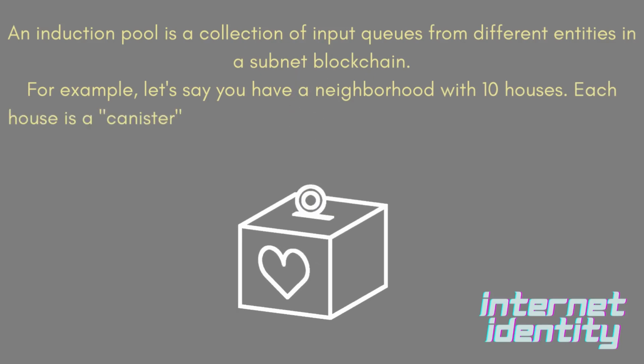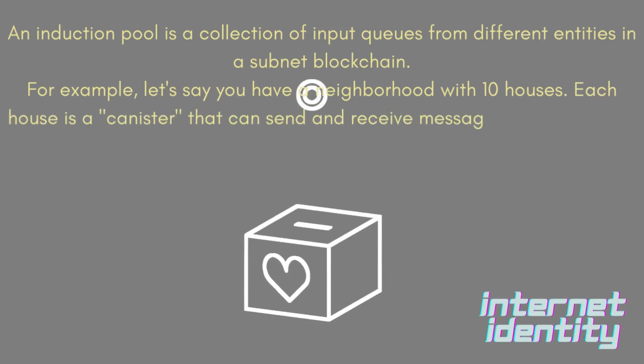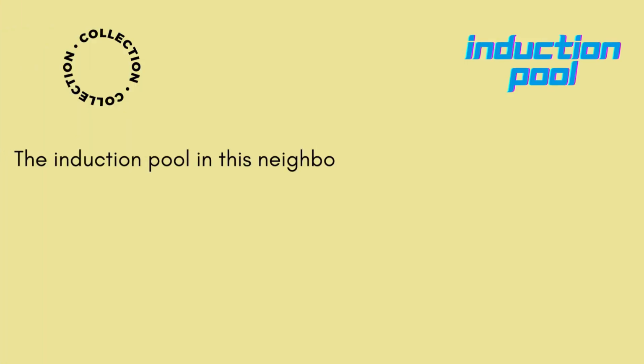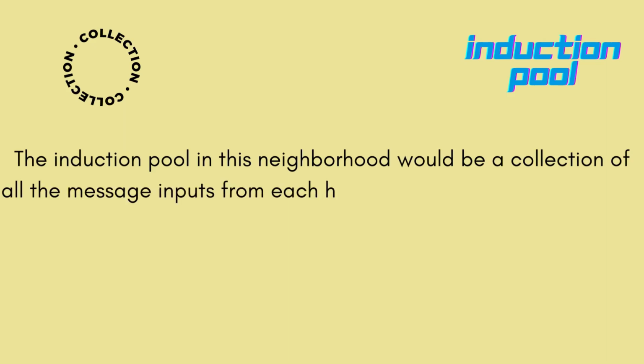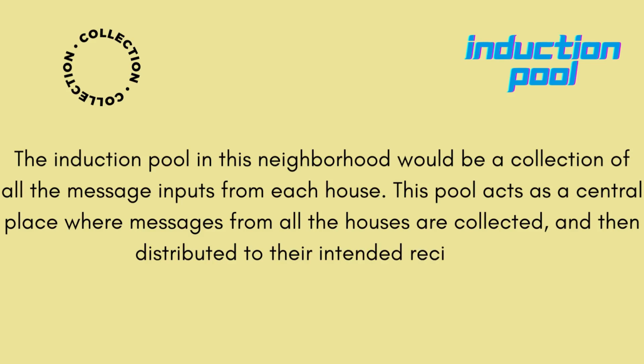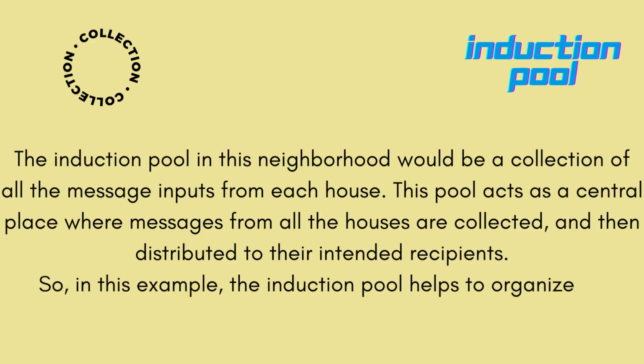Each house is a canister that can send and receive messages to each other. The induction pool in this neighborhood would be a collection of all the message inputs from each house. This pool acts as a central place where messages from all the houses are collected, and then distributed to their intended recipients. So, in this example, the induction pool helps to organize the communication between the houses in the neighborhood.